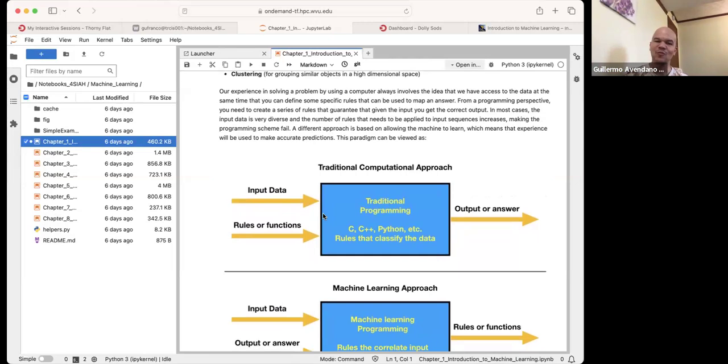Well, in general, what we are doing is taking data, taking some general rules or functions, and applying that. The traditional approach is taking some input. We already provide the functions.